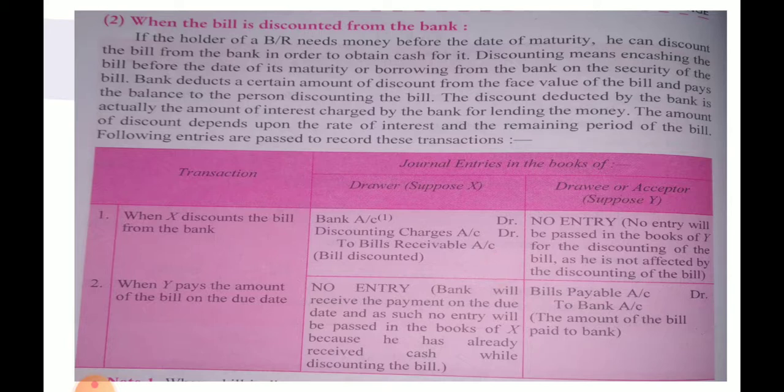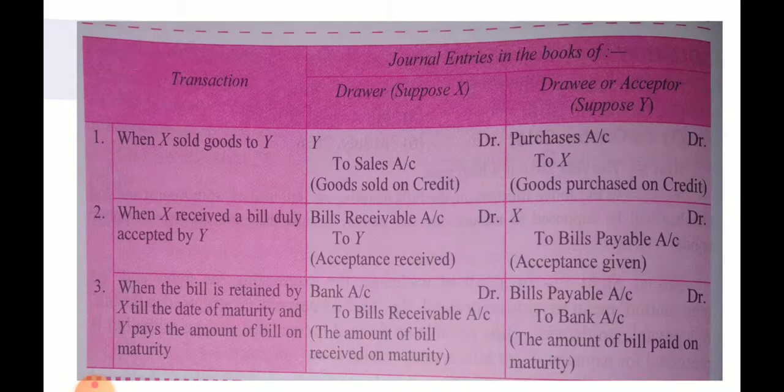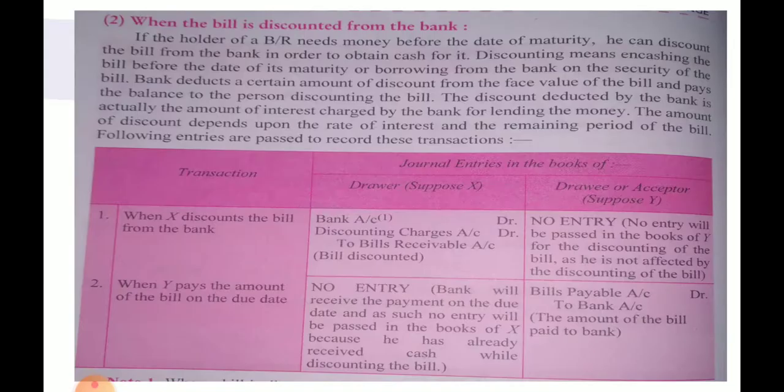Before starting the entry of discounting with the bank, first of all we have to make these two entries as usual, and after that, when X discounted the bill with the bank before the maturity period, there will be Bank account debit, Discounting Charges debit, to Bills Receivable.